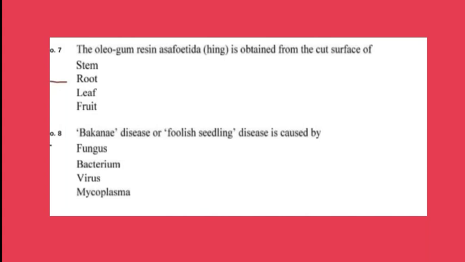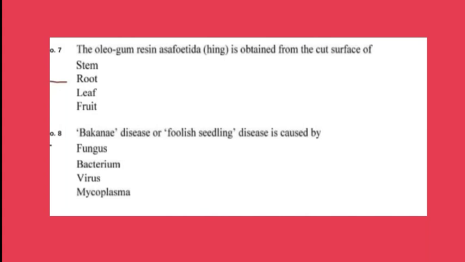In medicine, asafoetida acts as a sedative, analgesic, antispasmodic, and diuretic. Asafoetida is also called hing spice. In the regional language Marathi, it is known as hing. It is used to give flavor to curries, meatballs, and pickles.